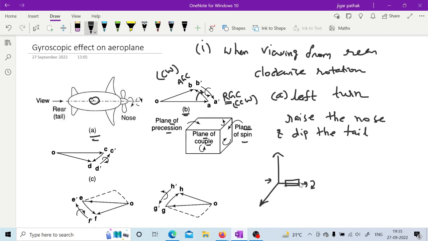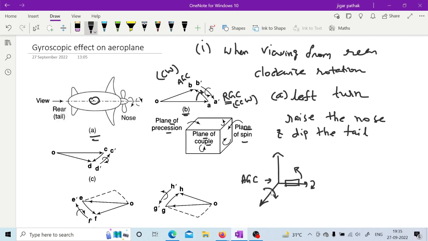What happens when it takes a left turn is shown in this figure. The AB vector is this acceleration vector, in that direction, because it is generating a clockwise couple about this third axis, that is, the active gyroscopic couple.